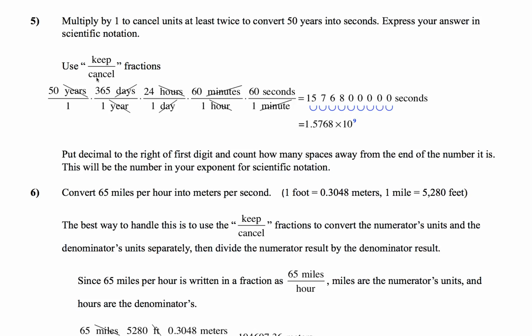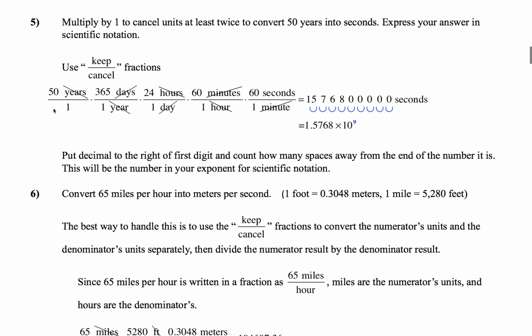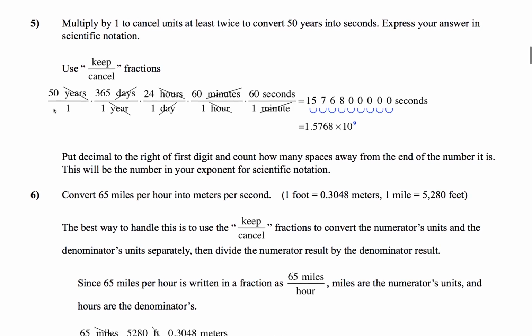So, for instance, if you want to convert years to seconds, you might first convert to something shorter, that is days. So there's 365 days per 1 year, and so you multiply that. You see, 365 days and 1 year are the same thing, so this is just 1. And so when you multiply 50 times this, you're really multiplying 50 times 1.